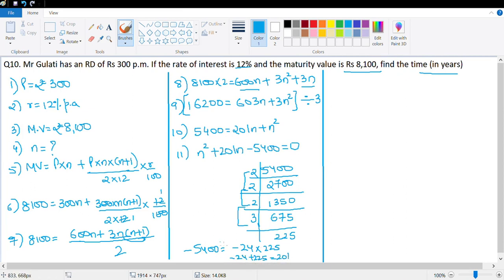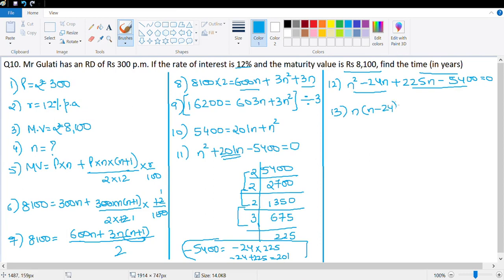So we can split the middle term, in this case 201, as negative 24 plus 225. So this is n square minus 24n plus 225n minus 5400 is equal to 0. Grouping it the way I have underlined, this gives me n times n minus 24 plus 225 times n minus 24 is equal to 0. Grouping it, the common term is n minus 24.